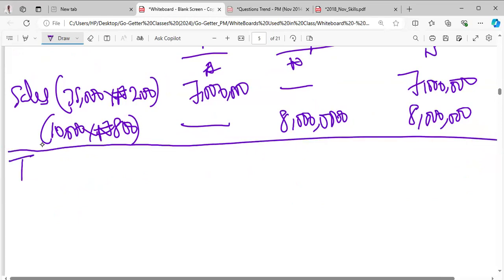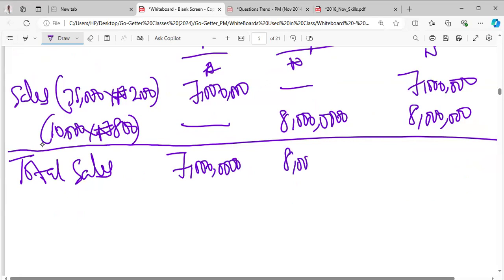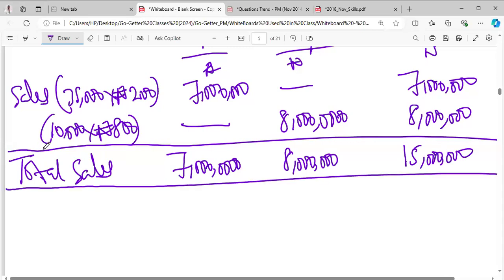So I would say this is total sales. This is 7 million. This is 8 million. The group is getting 15 million. All external transfers. So let's come here.